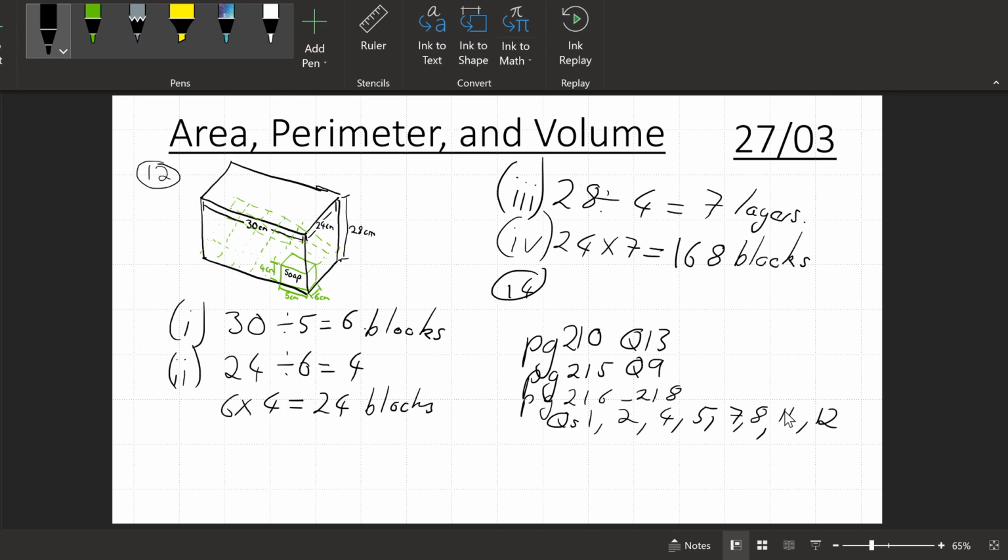I was thinking of giving you 14 and 15 as well. Actually, you know what? I do want you to do at least one more net question. I'm going to give you 14. 14's just really a different form of a net for the exact same shape.